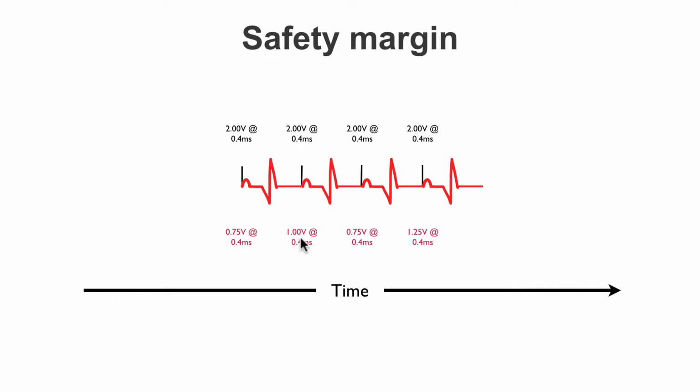Then it might go up to 1 volt at 0.4 milliseconds, down again to 0.75 volts at 0.4 milliseconds, and even as high as 1.25 volts at 0.4 milliseconds. These slight fluctuations in the tissue's threshold are a very natural occurrence.